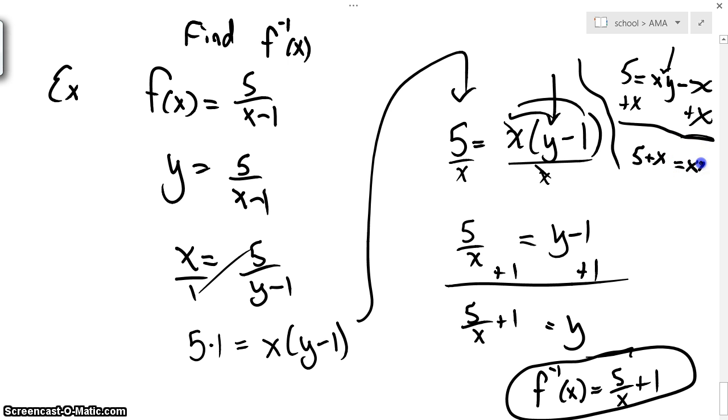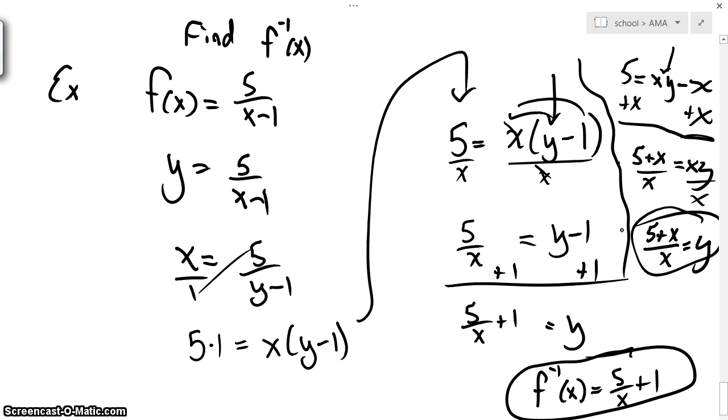And then, as a final step, kids would say, well, to get y by itself, I'm going to divide by x. And you certainly may do that. Now, at first glance, this can be a little scary because kids will look at this and they'll say, well, that's not what you have. You've got a different answer. But if you really think about it, 5 over x plus 1, if you got a common denominator, put it all together, you'd get exactly the same thing.